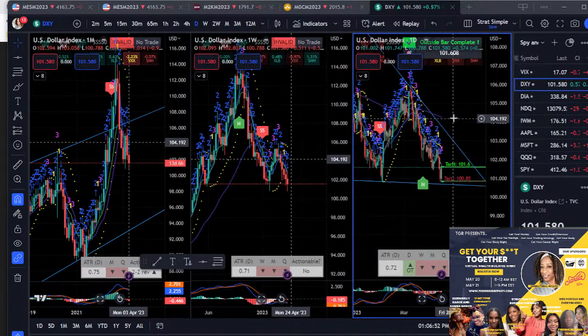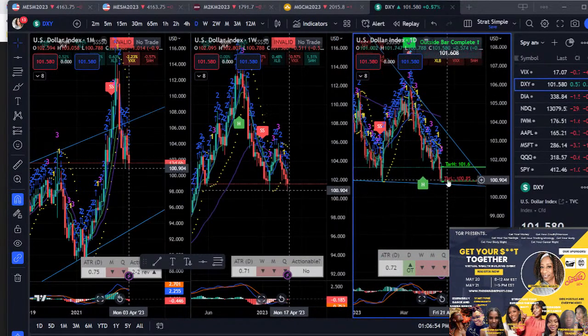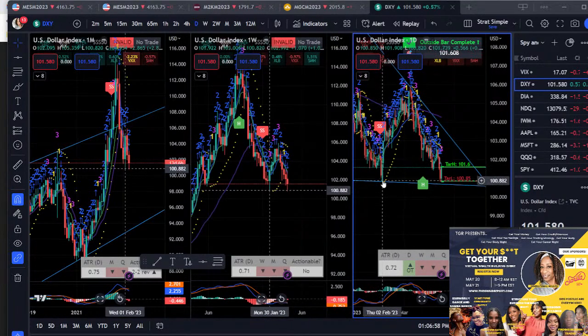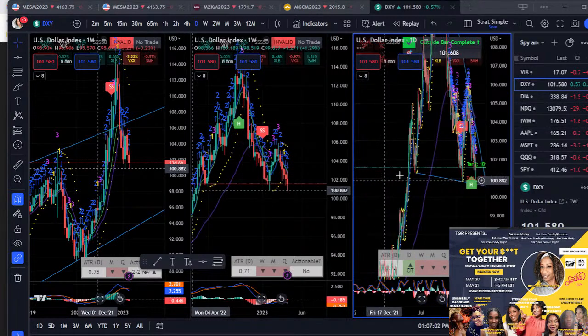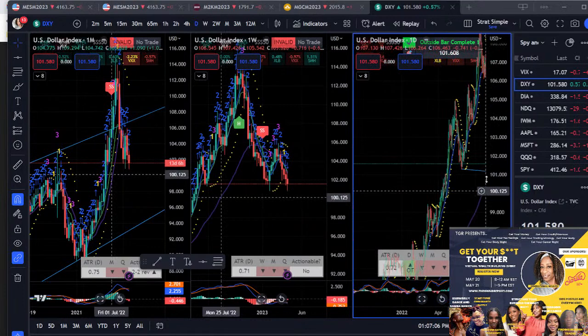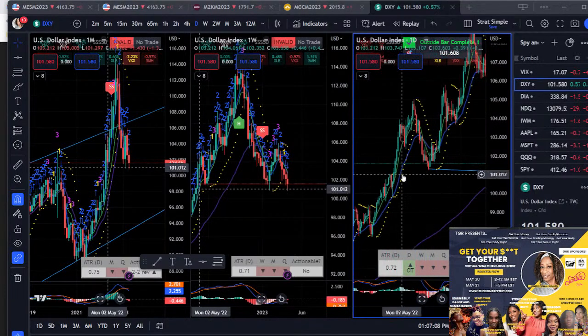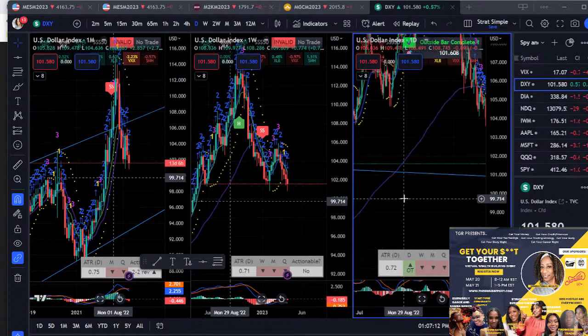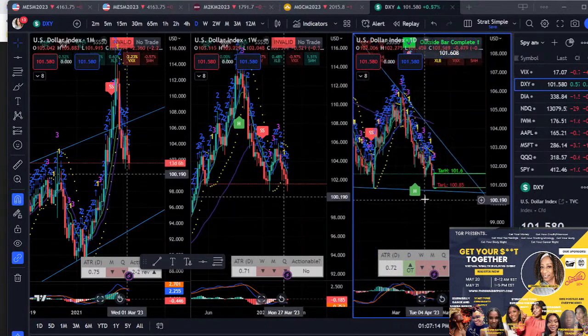And you can see here on the daily where it kind of rejected right here. What happened the last few times it was here. So go back. I kind of blew through that last time. It was over here, that 101. So keep your eyes on the dollar.